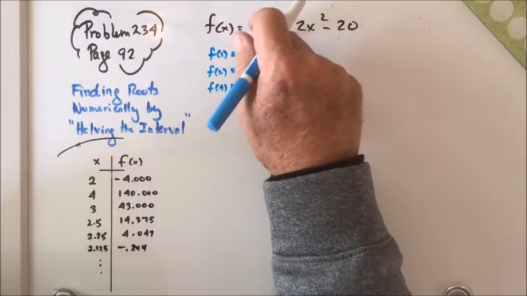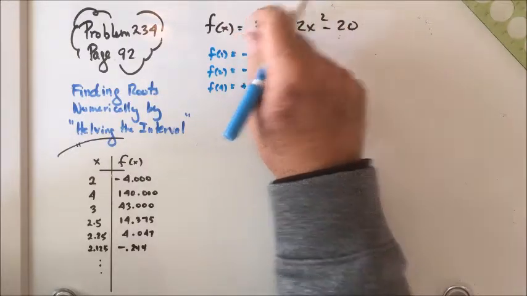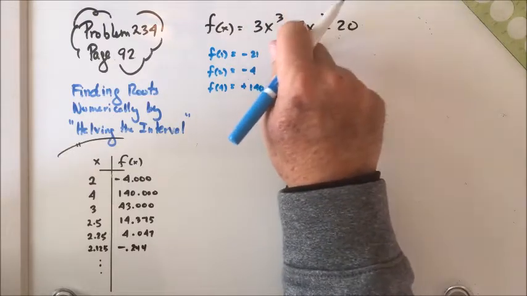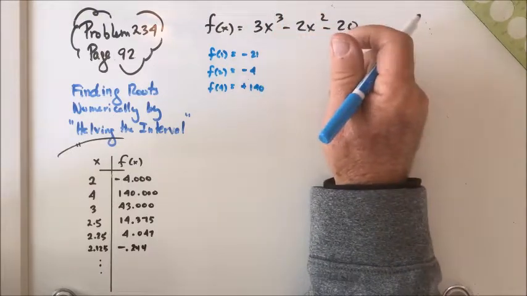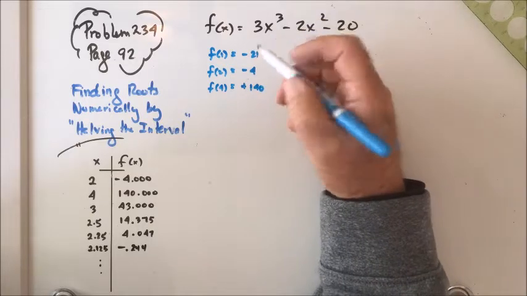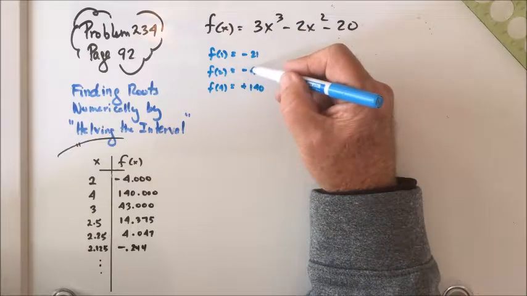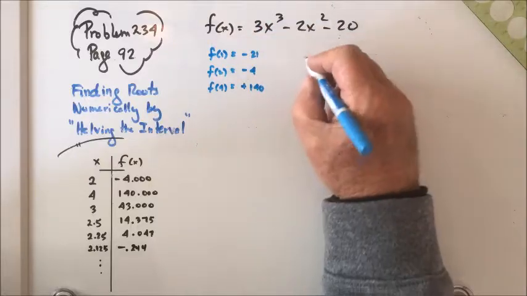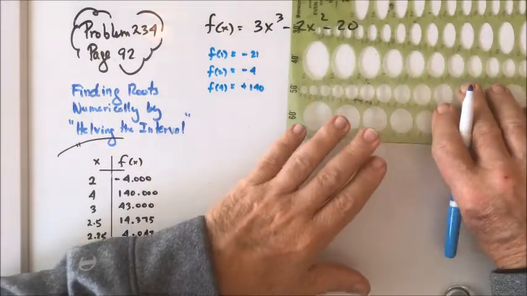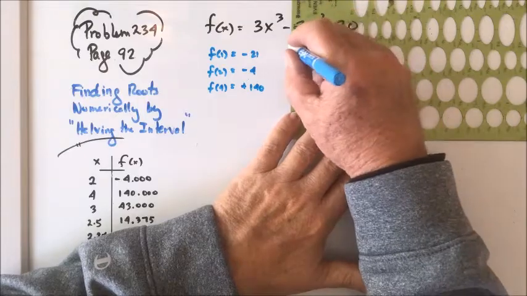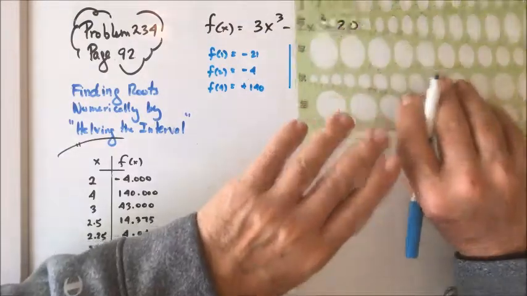Right, this is because of this term. Took us up to 192, down to 172, down to 140. So something's happened here. The function at x equals 2 had a value of minus 4. At x equals 4 it has a value of plus 140.